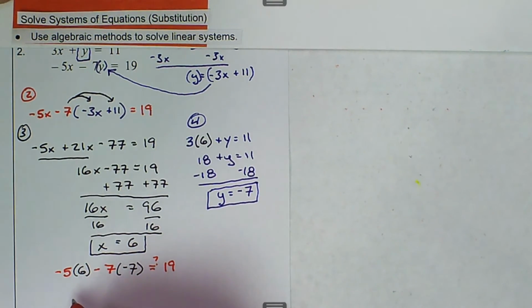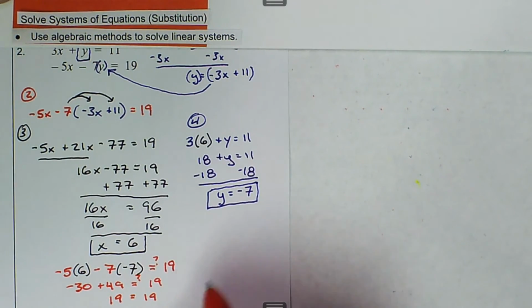And then we can simplify over here. So we have -30 plus 49 equals 19. And -30 plus 49, and we get 19 equals 19. So we're all set there.